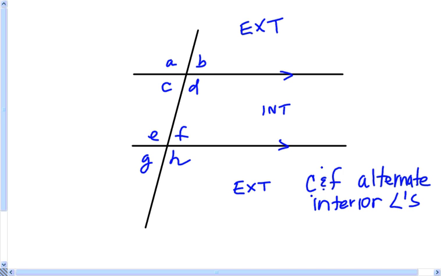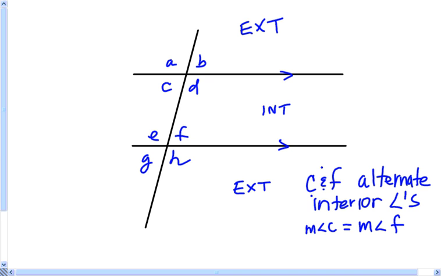If you have two lines that are parallel and they're crossed by another line, then alternate interior angles are the same. So the measure of angle C is equal to the measure of angle F.